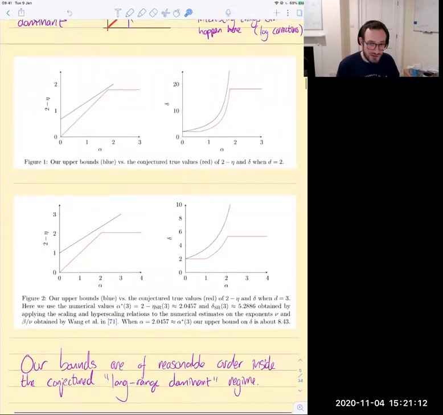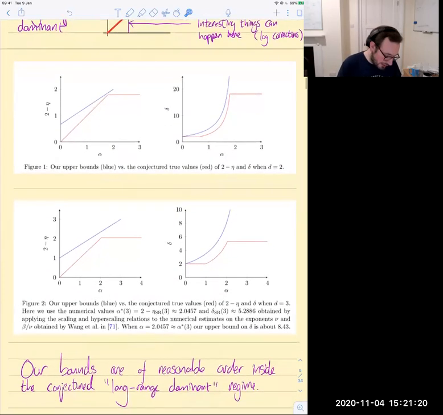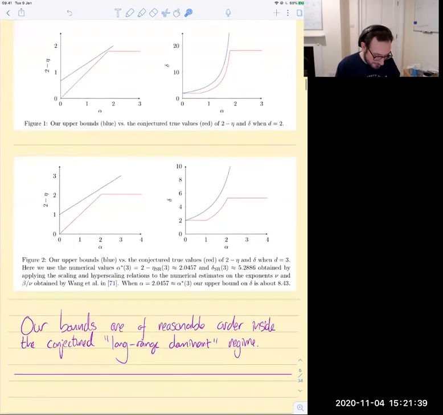In particular, if you're in this regime where you expect to have the long-range dominant behavior, the bounds that I get on delta, for example, are always within a factor of 2 of what's conjectured to be the true value. Of course, we'd really like to do a lot better than this and prove the conjecture, but this is, I think, a nice start, and it's not completely crazy.